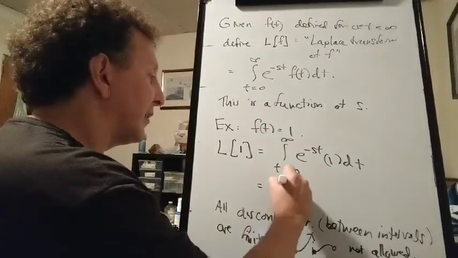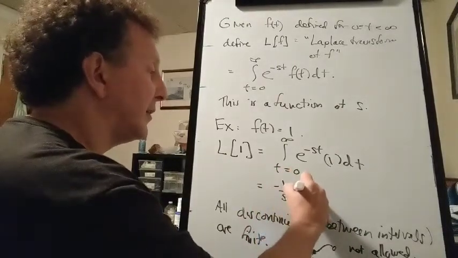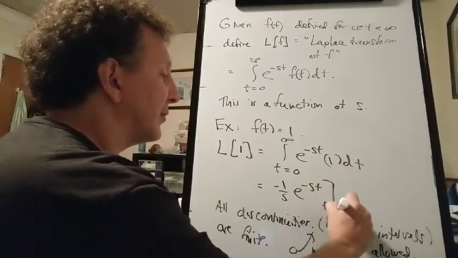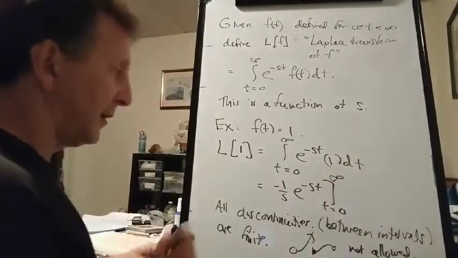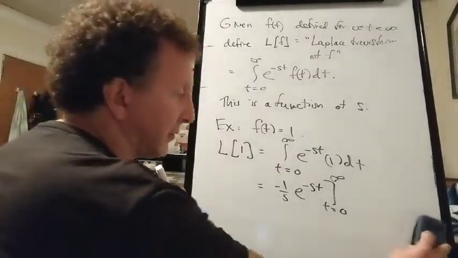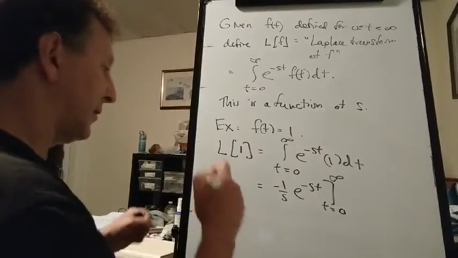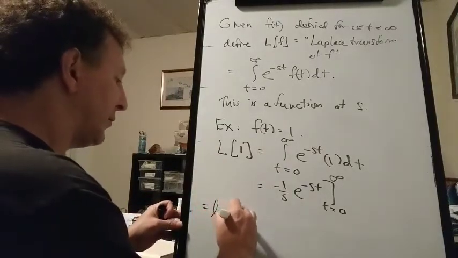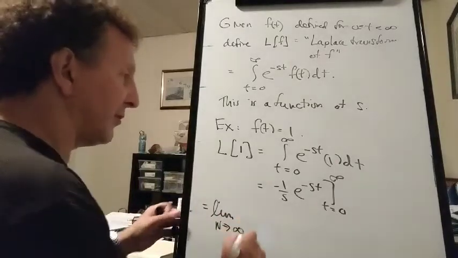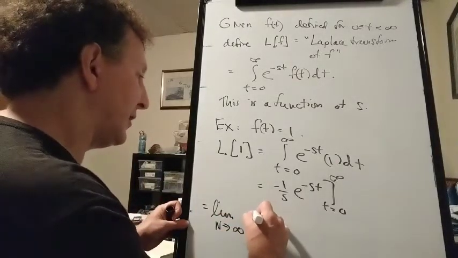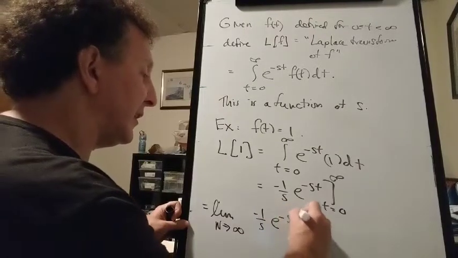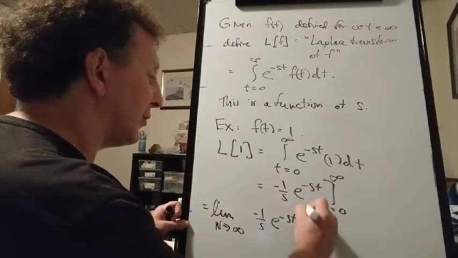So that's negative 1 over s e to the negative st evaluated from 0 to infinity. Well, that's an improper integral, so we really should write it as a limit, say as n approaches infinity, of negative 1 over s e to the negative st, t going from 0 to n.